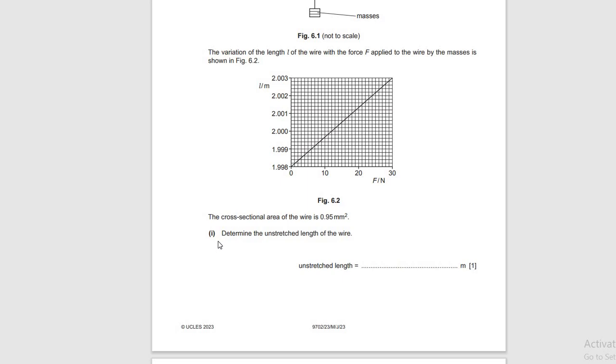Determine the unstretched length. Unstretched means original length, and original length is when there is no force. From the graph, when there is no force, the length is 1.998 meter. Look at it from here. When there is no force, that's the length. Let's move to the next question.